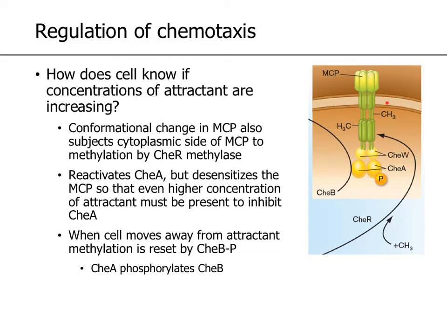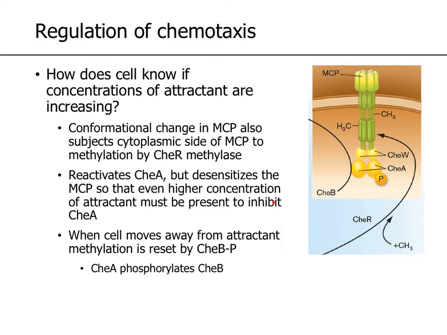And what essentially happens is that reactivates the whole thing. So the attractant will come off once this is methylated. But now that this is methylated, this part here becomes more sensitive to the concentration of the attractant. And so now in order for the attractant to actually bind here, it has to be in higher concentrations in the surroundings of the cell.